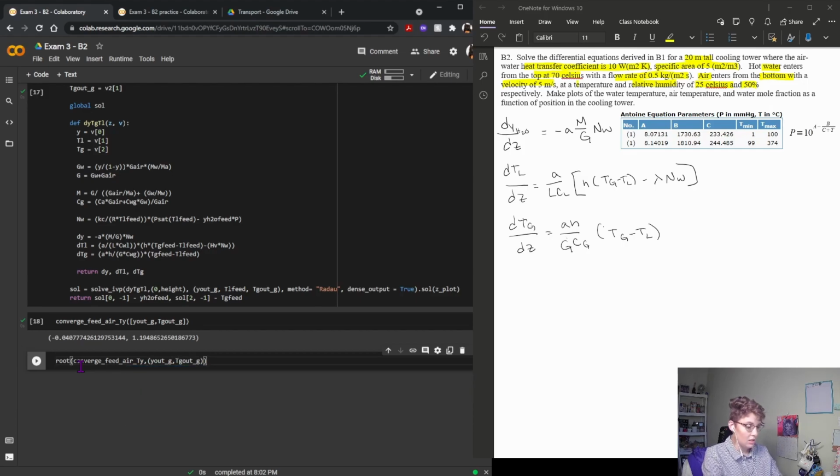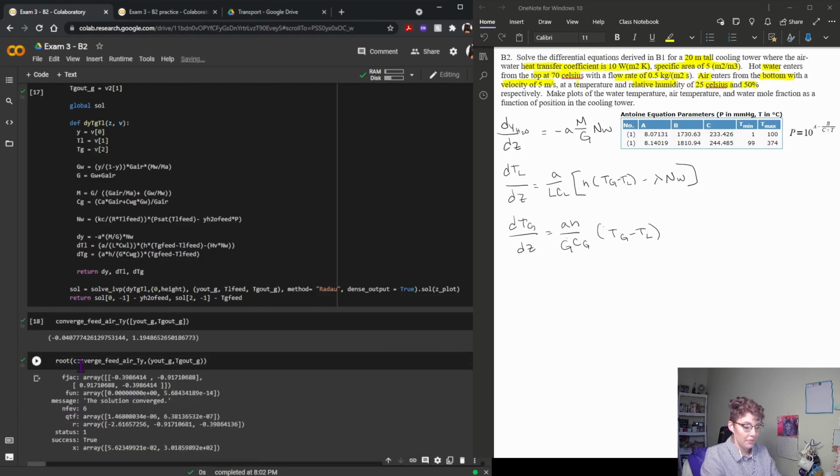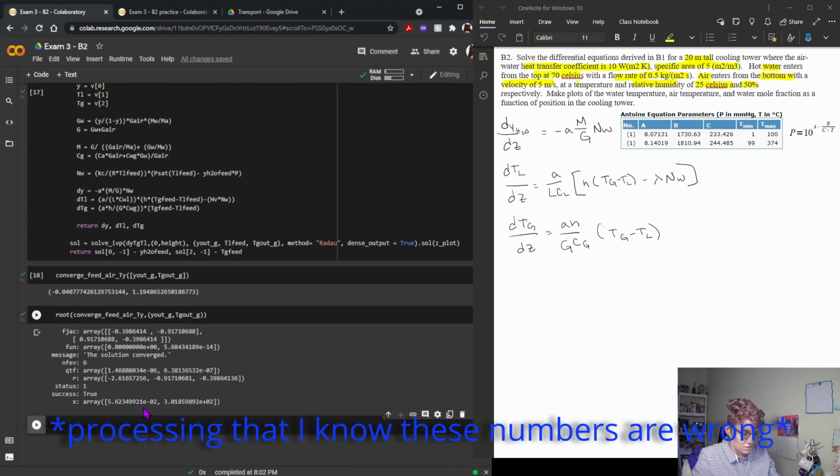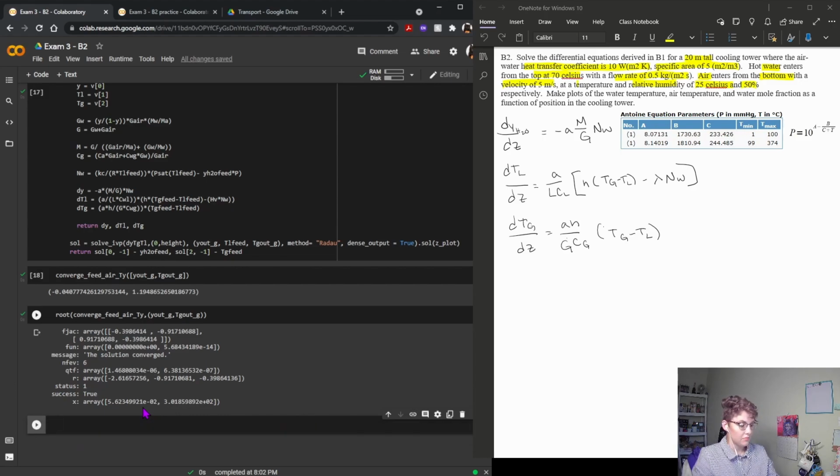And when we run that, it says that the actual values for the mole fraction should be 0.05, and the gas outlet temperature should be about 302 Kelvin.